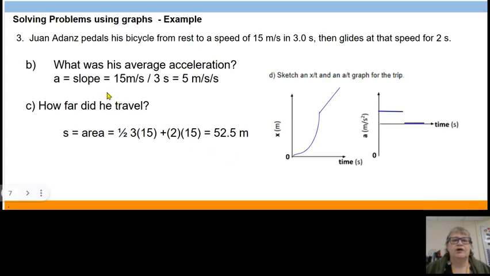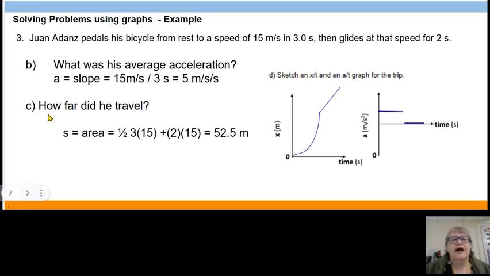So it would be 15 meters per second divided by 3 seconds. Okay, that's going to be equal to 5 meters per second per second. You can write it as meters per second squared, but Schoology isn't really good at using things that say squared. So I always just do meters per second per second.